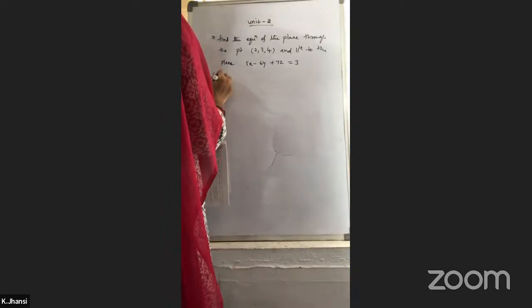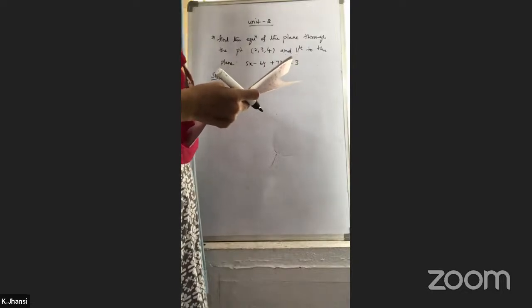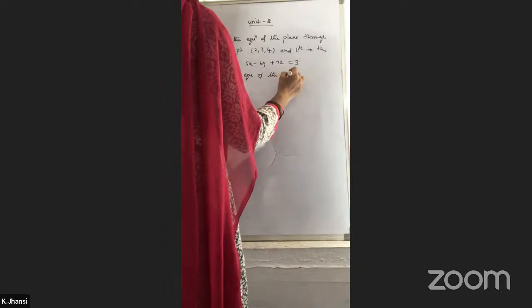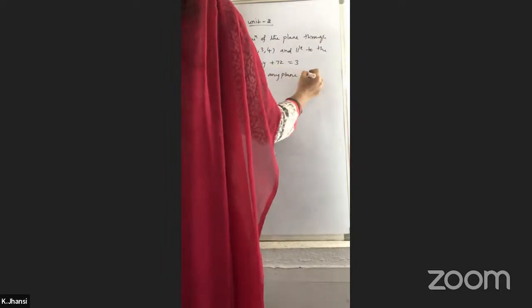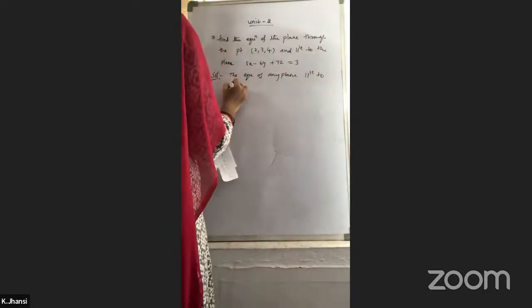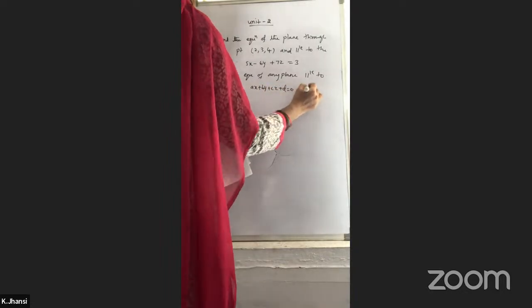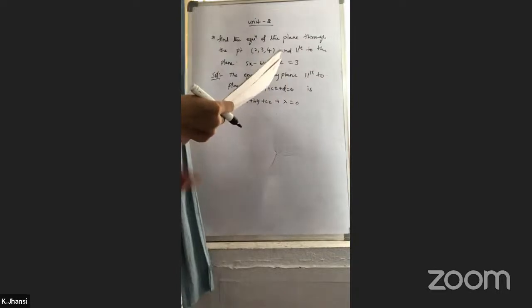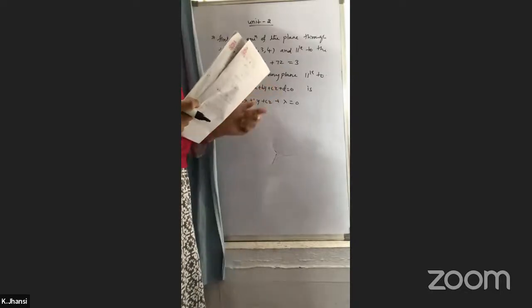So for this solution, first the formula: the equation of any plane parallel to the plane ax plus by plus cz plus d equals 0 is ax plus by plus cz plus lambda equals 0. Whenever a plane is parallel to another plane, we take lambda in place of d, and we have to find the lambda value.